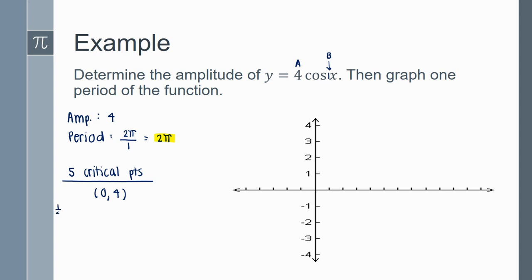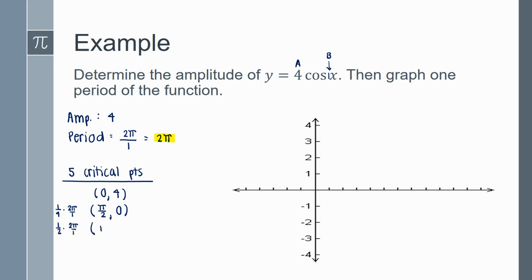Then I want a fourth of the period. My period is 2 pi, so think of it as over 1 if you need to. Multiply straight across and simplify, we get pi over 2. Then this is when we hit the x-axis, so my second part is 0.